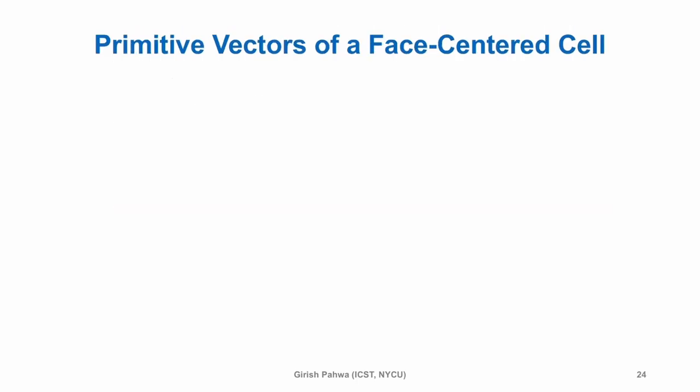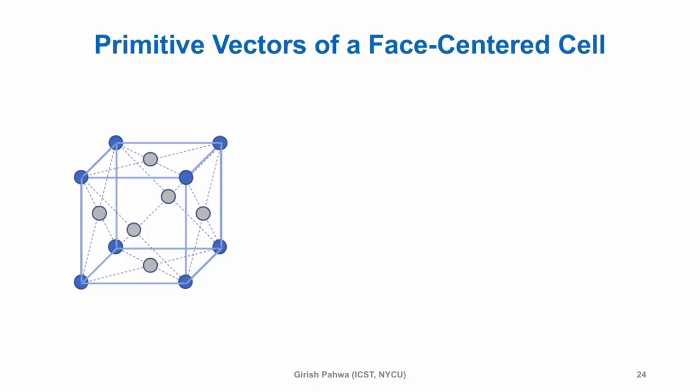Okay, so let's now look at the primitive vectors of a face-centered cell. So we have covered simple cubic, we have covered body-centered. There is one more very important lattice which is face-centered. So what is a face-centered lattice? Looks like this.